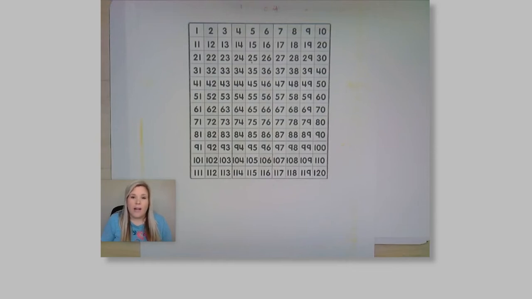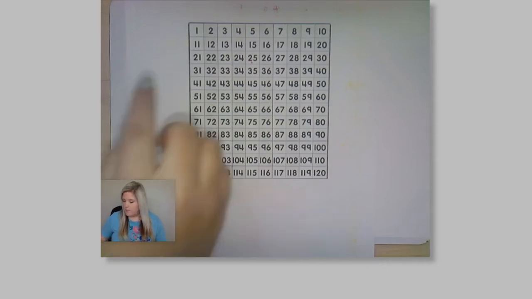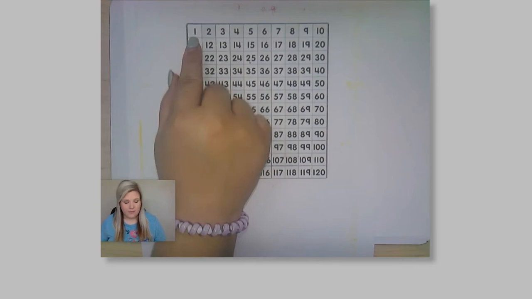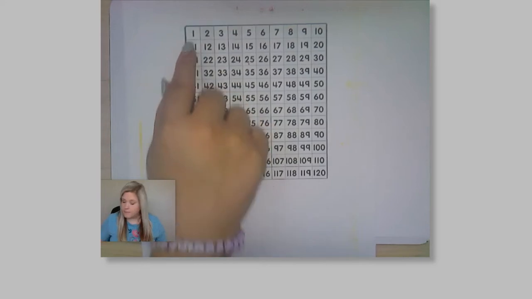Let's review how to use a 120 chart together. Notice the number at the very top. You see the number 1? Now let's look at the number at the very bottom of our chart, the very last number.